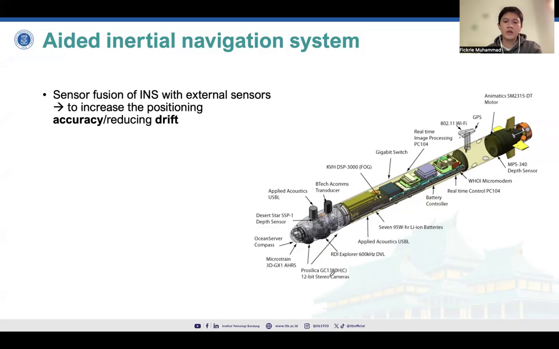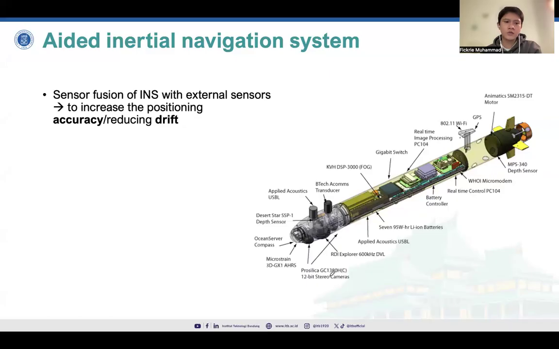In offshore positioning, for example for underwater robots or AUVs, we're talking about the integration between INS and an acoustic positioning system (APS), or an optical sensor, camera or lasers.